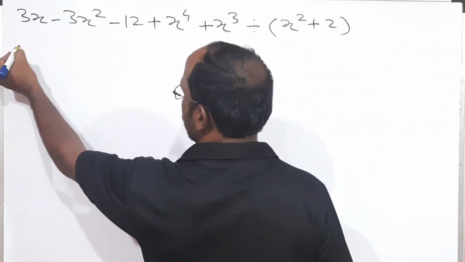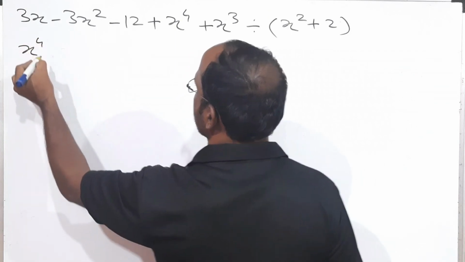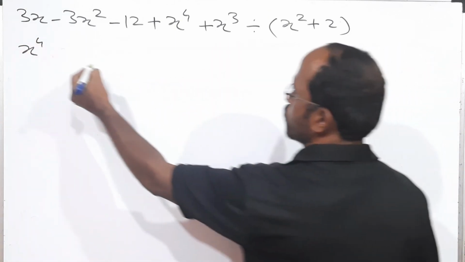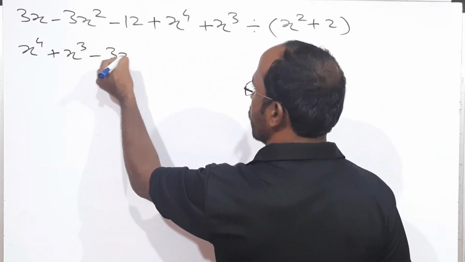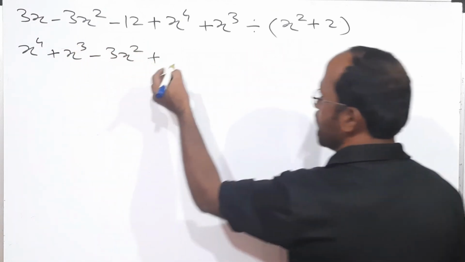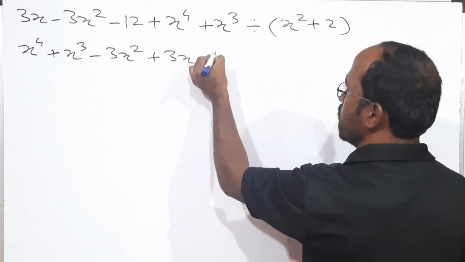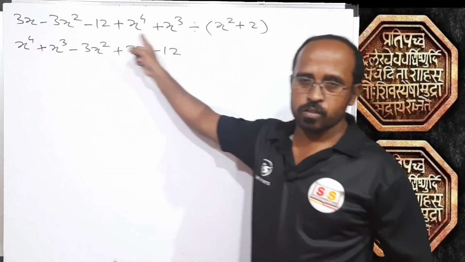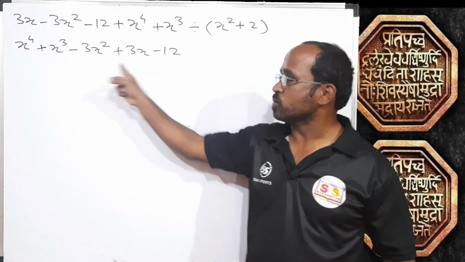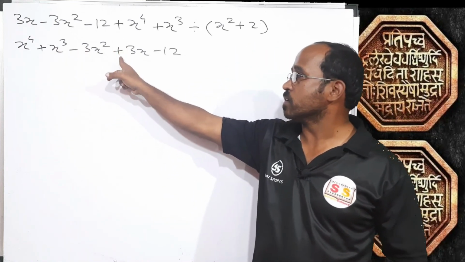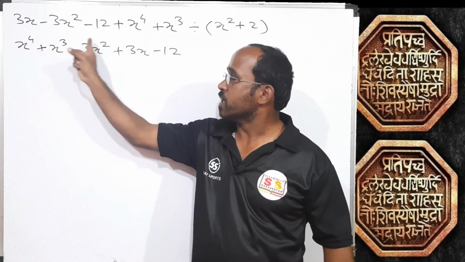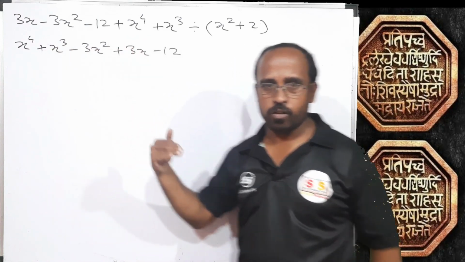So this is equal to x raised to 4 plus x cube minus 3x square plus 3x minus 12. Okay, so this dividend is arranged into standard form as x raised to 4 plus x cube minus 3x square plus 3x minus 12. All of the indices are arranged in the descending order.